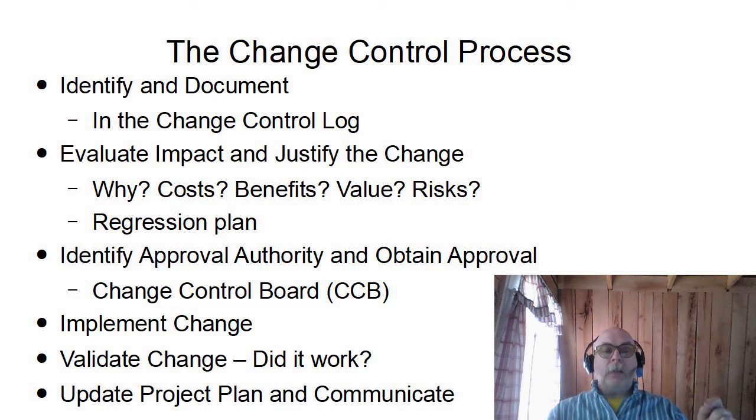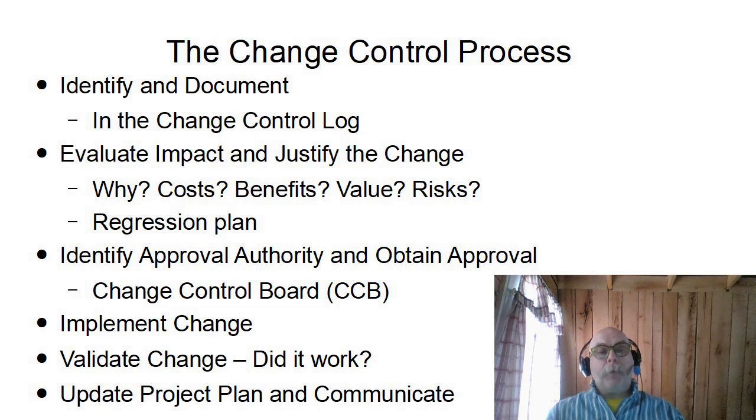We can't make a change without having approval, without having it covered, without having somebody responsible, without having our stakeholders, our shareholders, our sponsors, our team members all fully aware. And there could even be in your organization, within its project management office, PMO, a group called the Change Control Board. Maybe your project is big enough that it would have its own change control board.